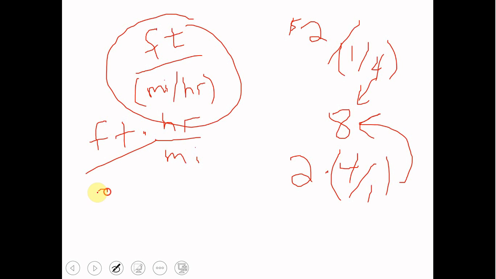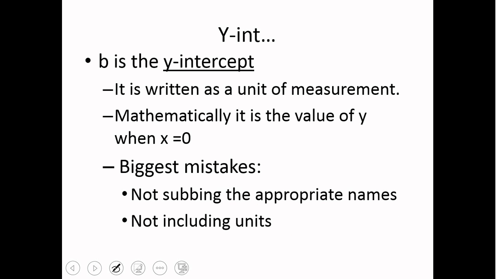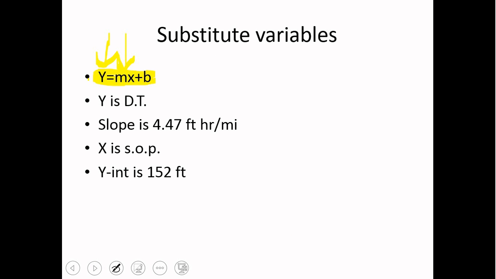So you end up with a unit of, which is a little strange, it'll make sense in the end, hours per miles. Okay, so when we come back over here, you get feet hours per mile, and I rounded that off. I'll teach you how to do significant figures later. I'm not going to focus on them right now. There's a lot of other things I'd rather have you get.